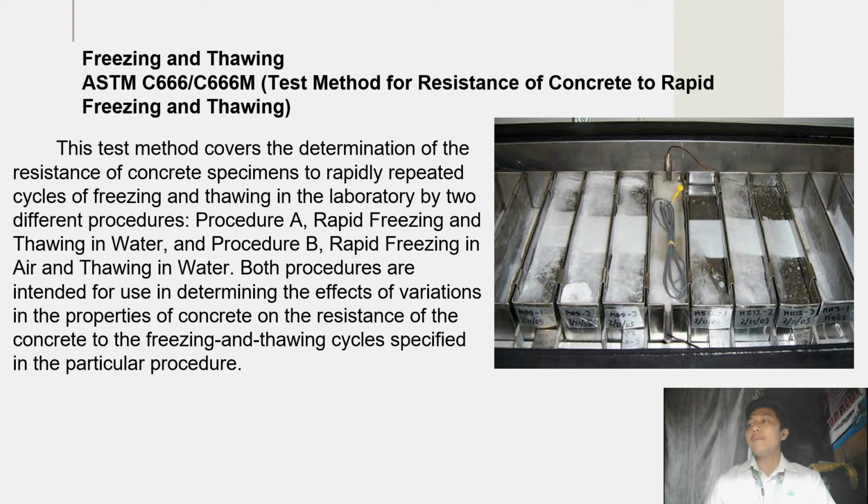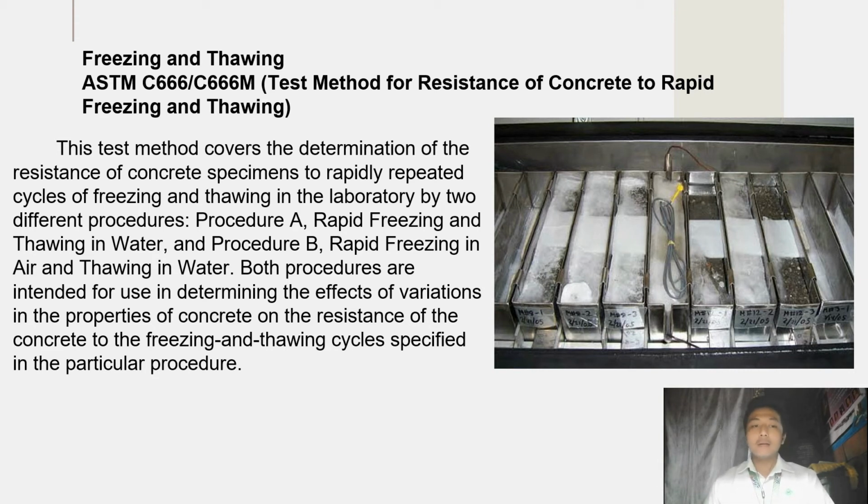Procedure A, rapid freezing and thawing in water, and Procedure B, rapid freezing in air and thawing in water. Both procedures are intended for use in determining the effects of variations in the properties of concrete on the resistance of the concrete to the freezing and thawing cycles specified in the particular procedure.